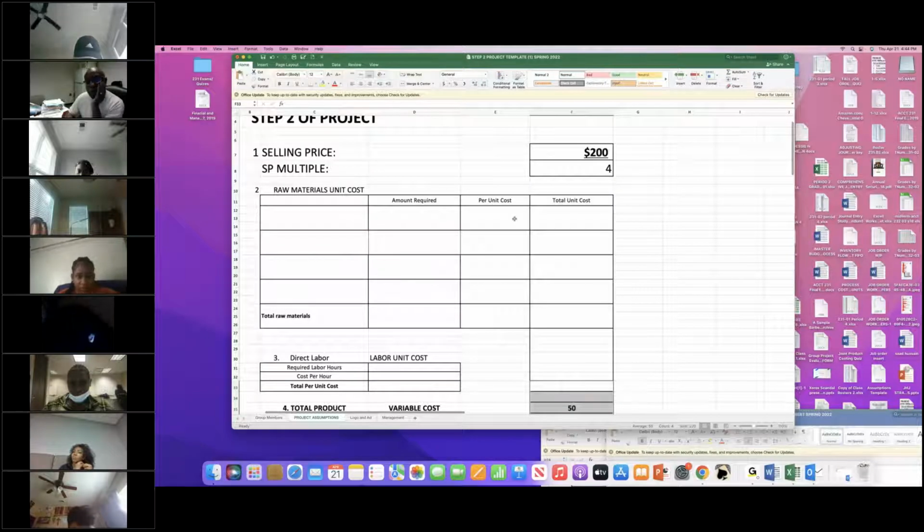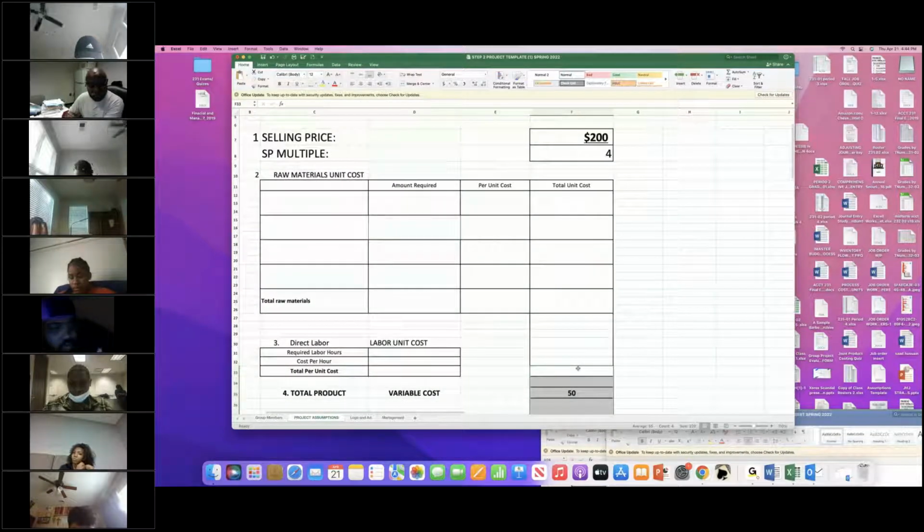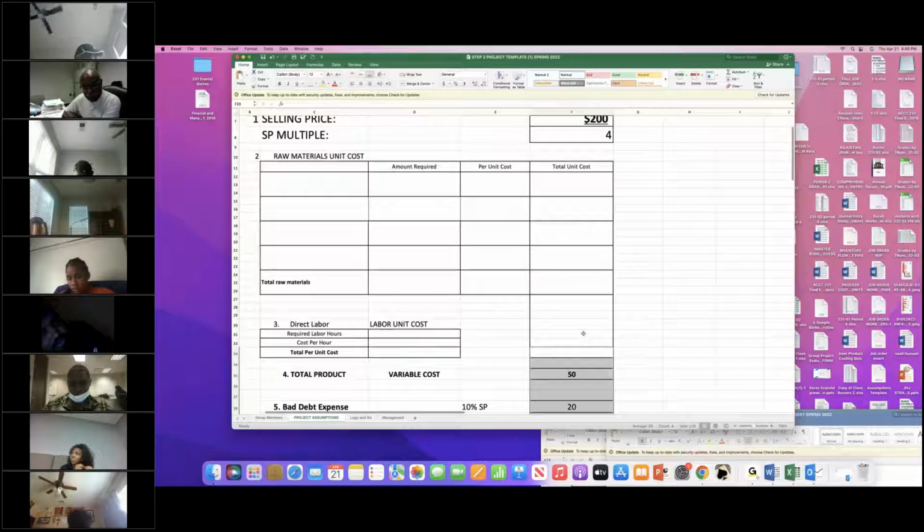Make them whole numbers, don't use any decimals. Then for your labor, make sure you got a whole number. If you can make 10 an hour, make your labor rate 20. If it takes you 2 hours to make them, make your labor rate 10 was 20. So you're working with whole dollars. Okay? Got it?